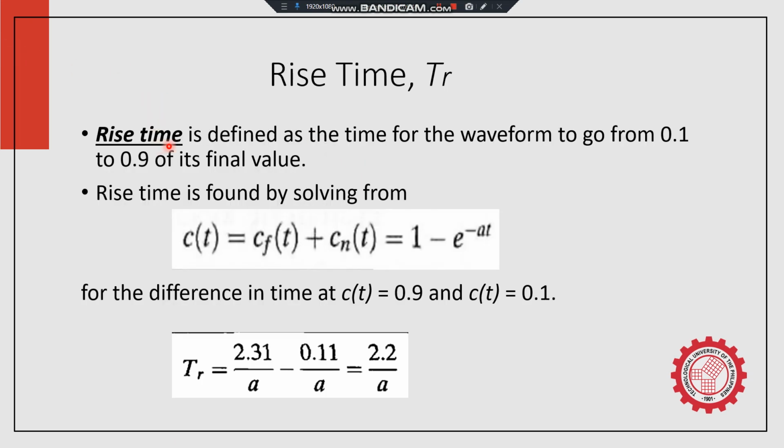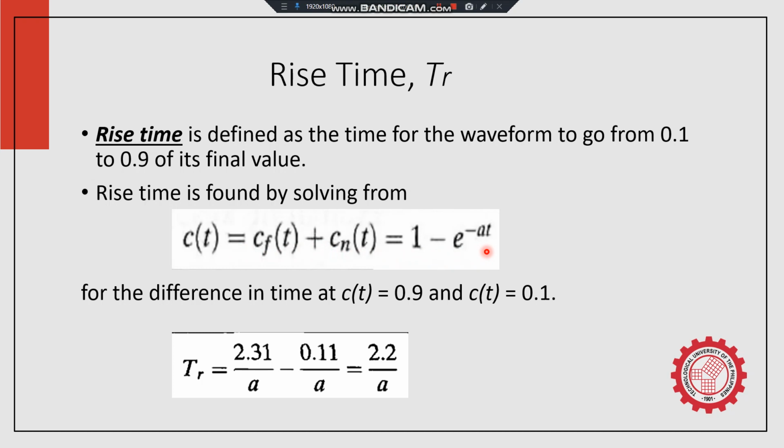Now, the rise time is defined as the time for the waveform to go from 0.1 to 0.9 of its final value. So the rise time is found by solving from the c(t), which is equal to c of forced plus c of natural, which is equal to 1 minus e to the negative at for the same example above.